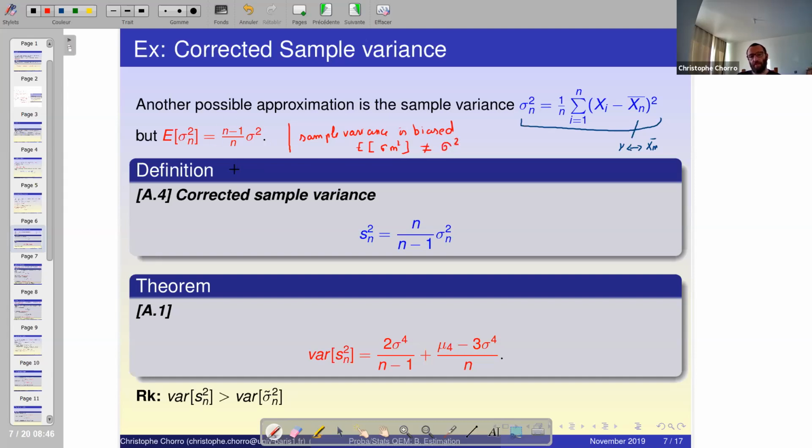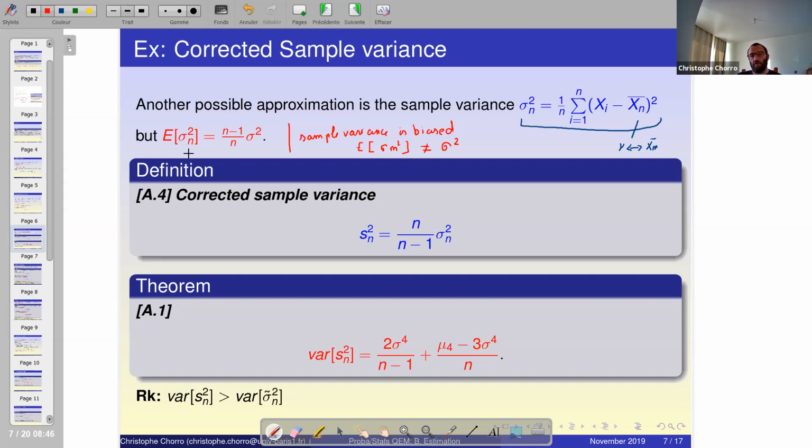And we obtain this value for the expectation of sigma n square. So when n is large, we are not very far from sigma square, because when n is large, this quantity is almost 1, but it is not 1. So I have a natural estimator for the variance, but unfortunately, this estimator is biased.